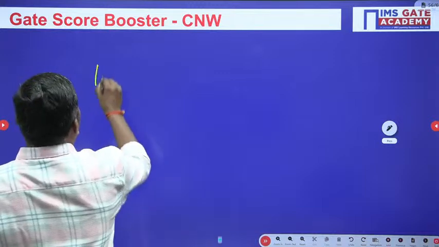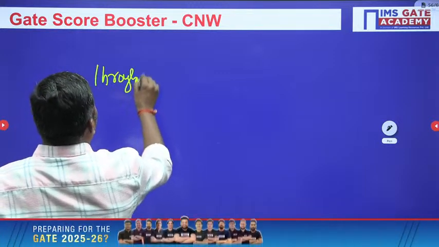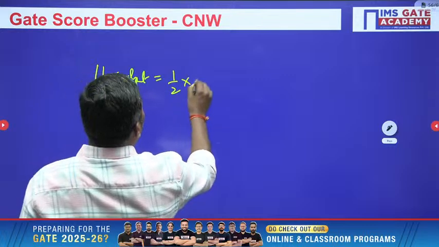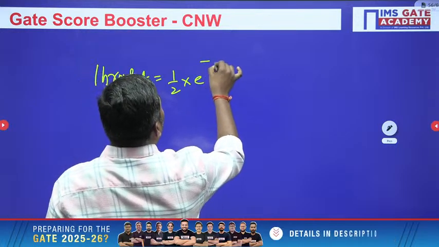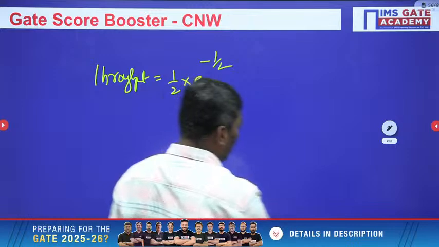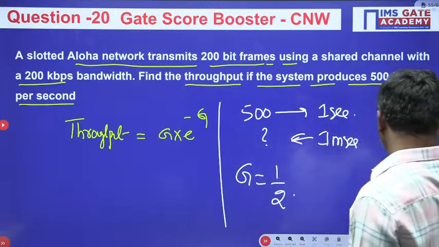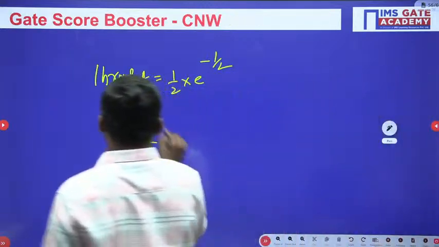So now what will the throughput be? Throughput equal to 1 by 2 into e power of minus 1 by 2, correct? Isn't it? What is this value you are getting now?